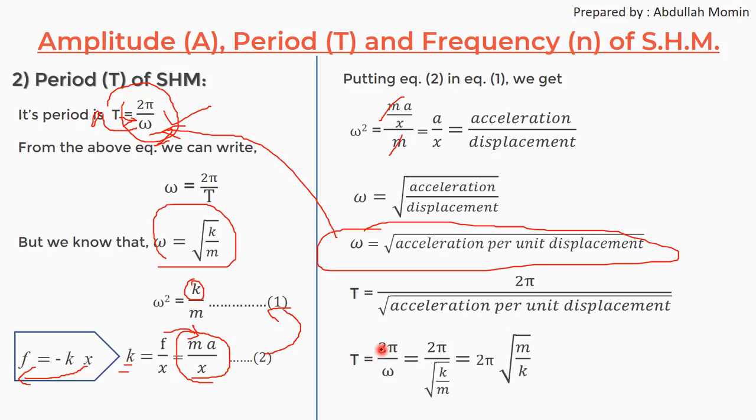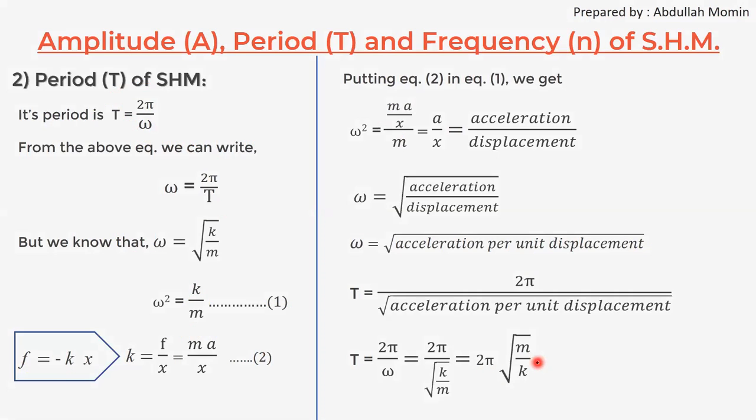Also T is equal to 2π/ω, that means 2π divided by √(k/m), because ω is √(k/m). So we put this equation of ω instead of ω. The denominator of the denominator becomes the numerator. So T is equal to 2π√(m/k).